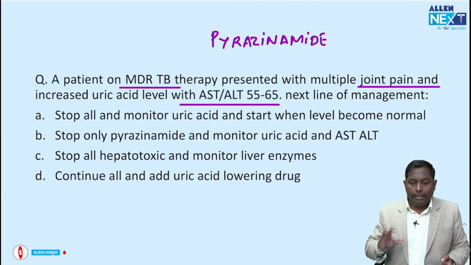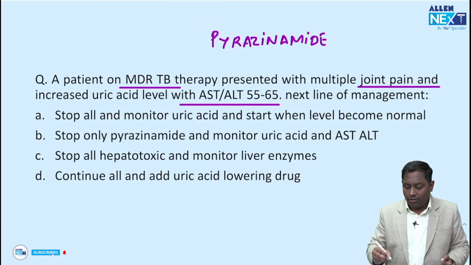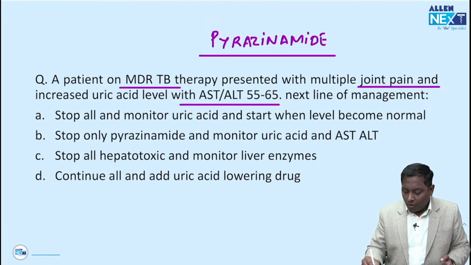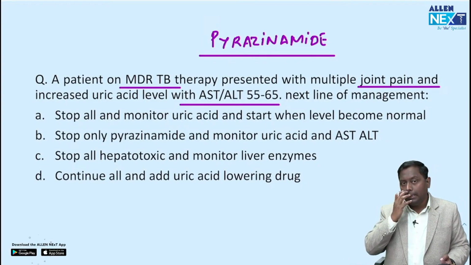See, in any mycobacterium treatment, be it leprosy or TB, stopping the therapy is not advised initially. Whenever we are trying to give multi-drug resistant therapy, or any TB therapy, always remember that stopping the drug is not the option.